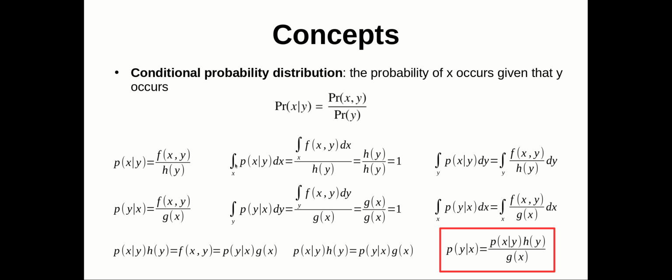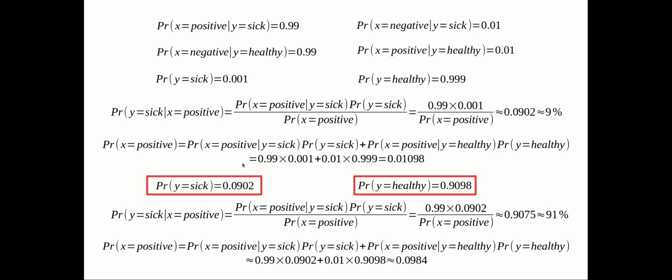So for a given Y, the probability of X equals positive plus X equals negative, conditional on the same Y, should give me 1. If you change the integral to a summation, that's exactly this number here.